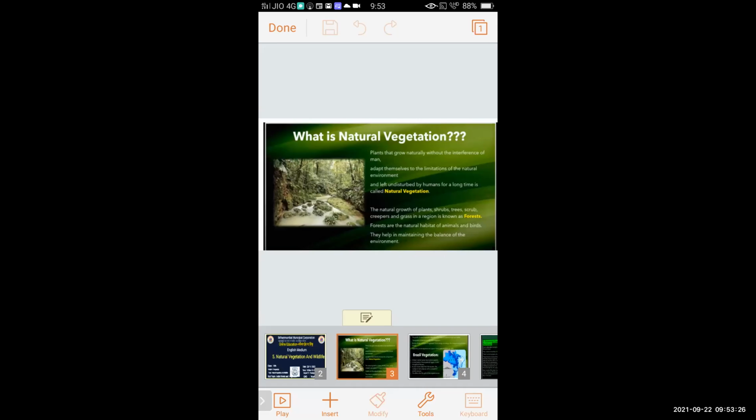The natural growth of plants, shrubs, trees, creepers, and grass in a region is known as forest. When trees grow naturally in a particular area, various types of trees are there and they grow naturally. No human being goes and plants trees in that particular area.